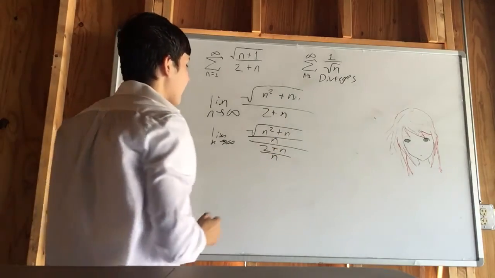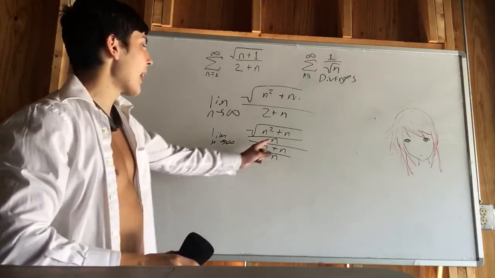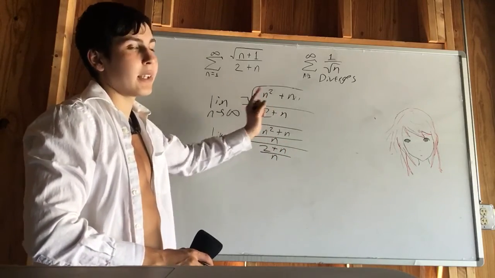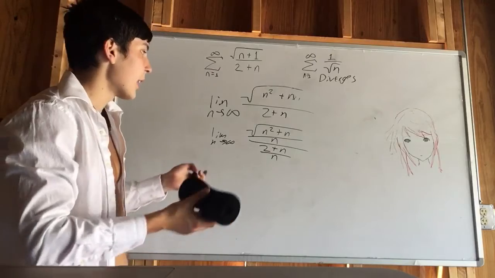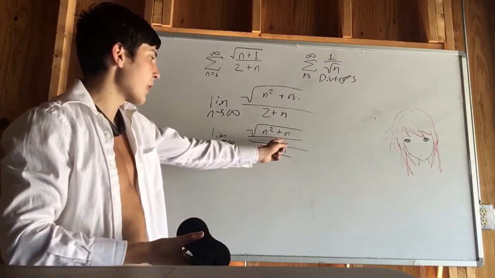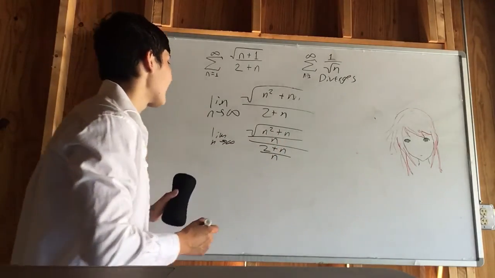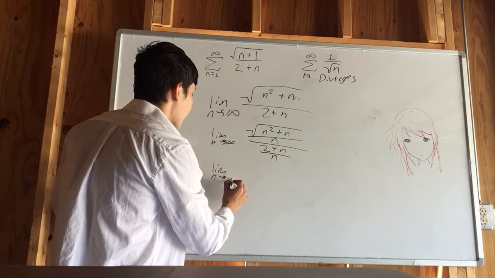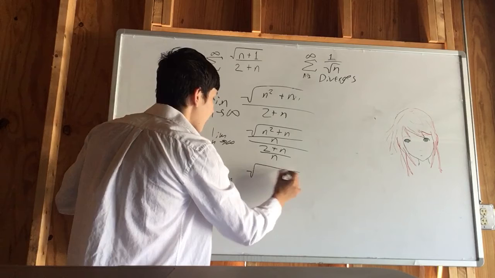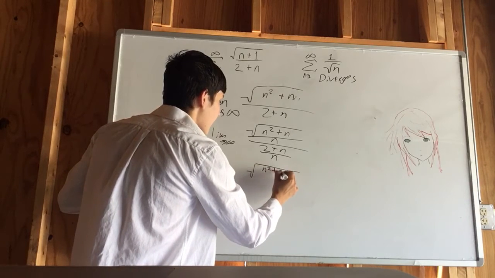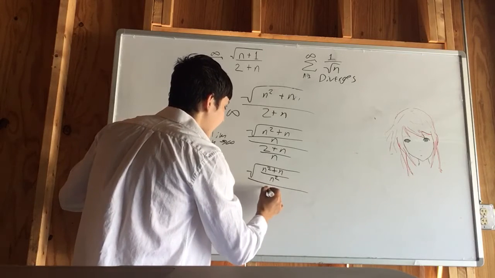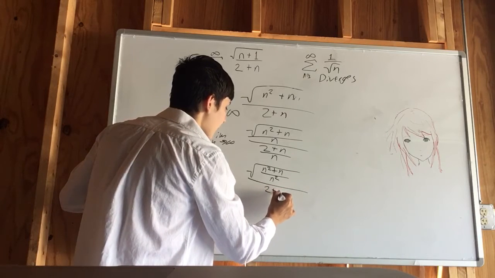So the way to divide this, to bring that in, is by squaring this, because squaring it and bringing it into the square root, squared and square rooted is the same thing as just being to the power of 1. So we would do that, limit as n approaches infinity, and then we would have the square root of n squared plus n over n squared. And here we have 2 plus n.